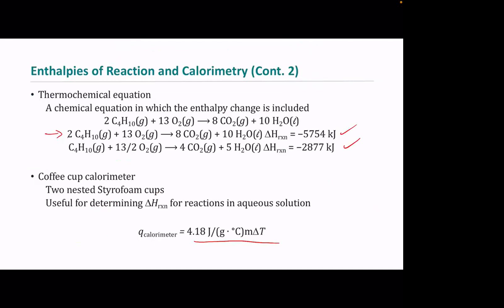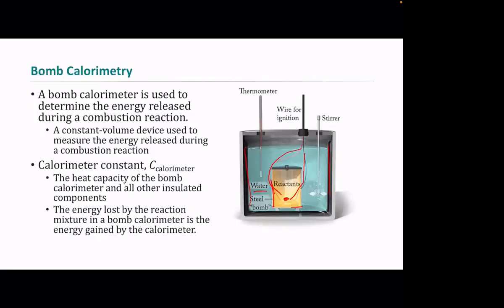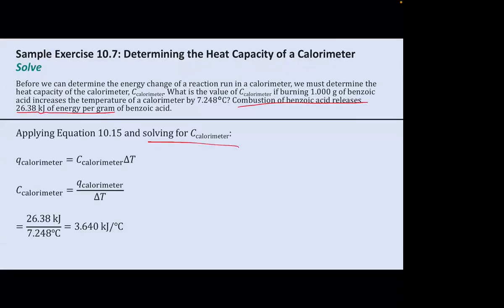So that's what this is here. That's the heat capacity of the calorimeter right there, with the capital C. Heat capacity of the calorimeter. And there's something I wanted to show you here because it wasn't clear.